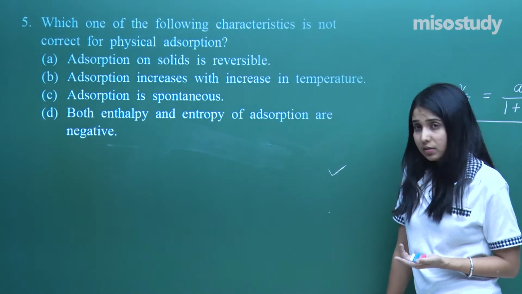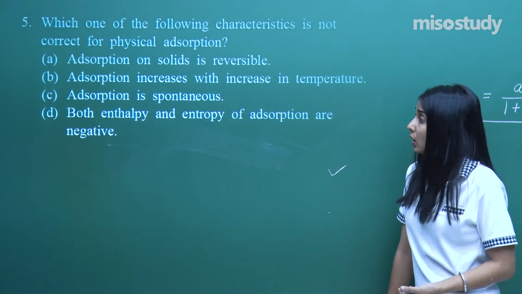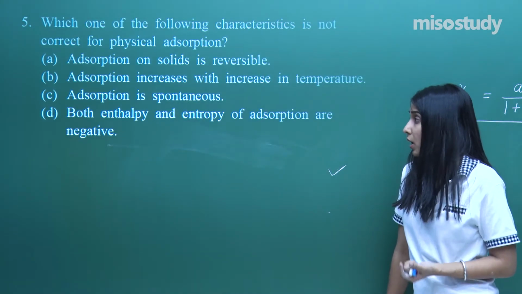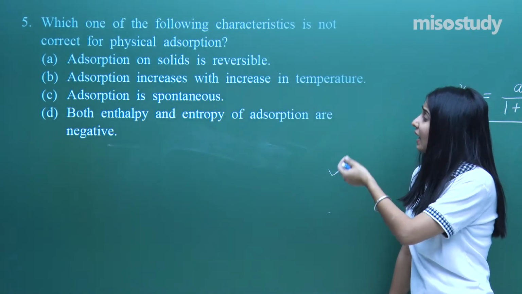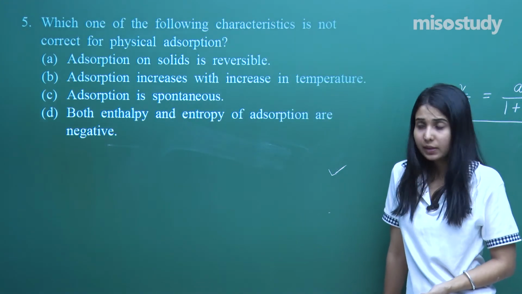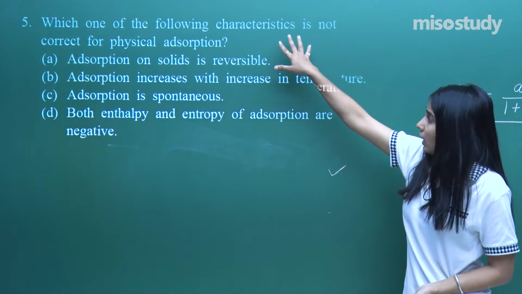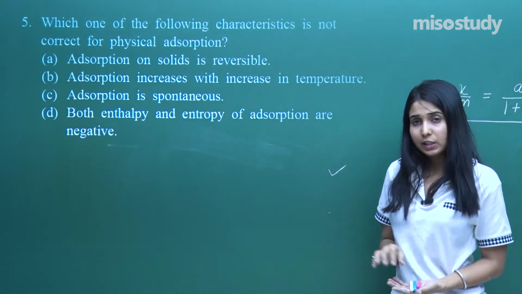Adsorption on solids is reversible. Adsorption increases with increase in temperature. Adsorption is spontaneous. Both the enthalpy and the entropy of adsorption are negative, right? So I know this is talking about physical adsorption.